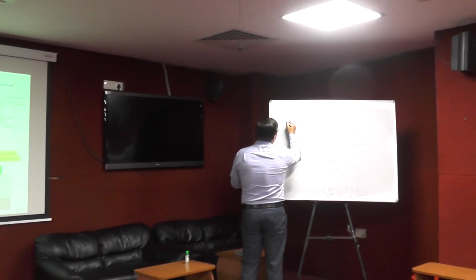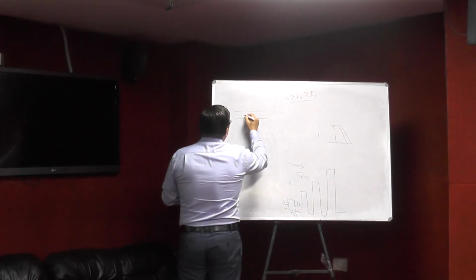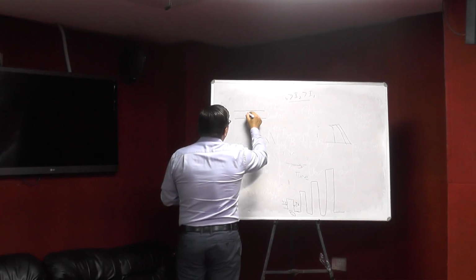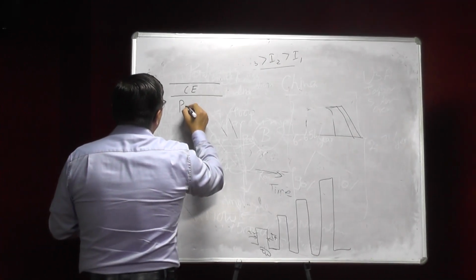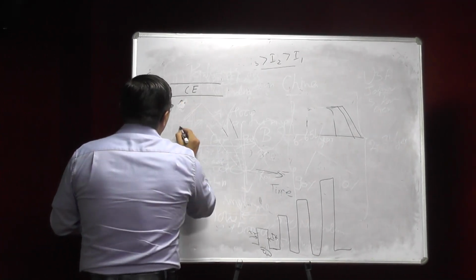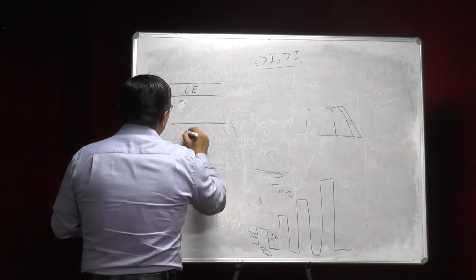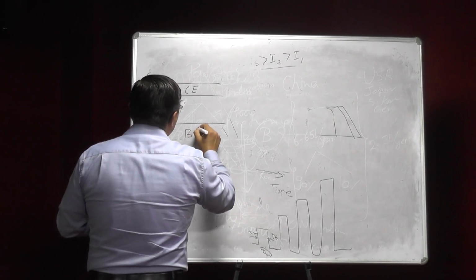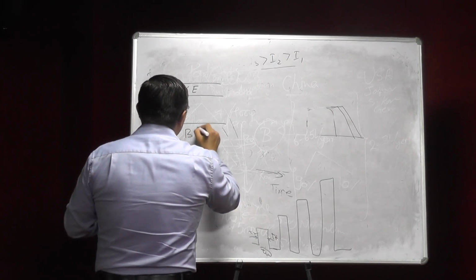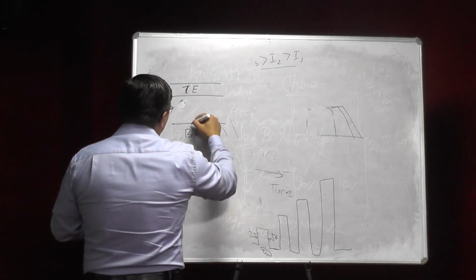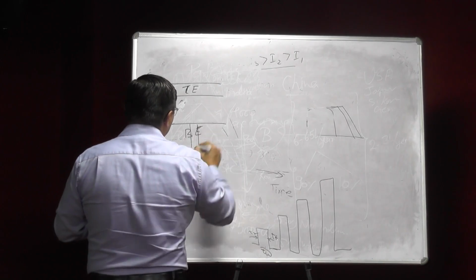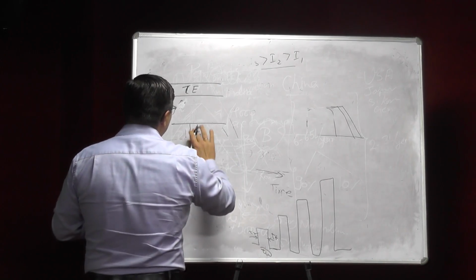We have two contacts. This is the PCM, this is the bottom contact, the bottom electrode, and the top electrode. And here we have the heater, the bottom electrode.